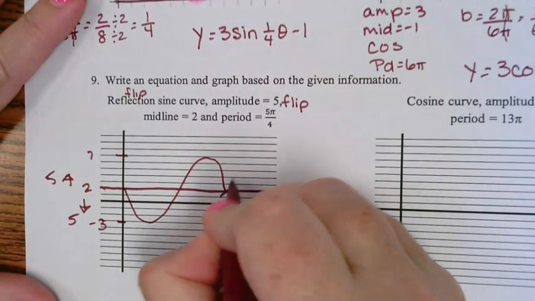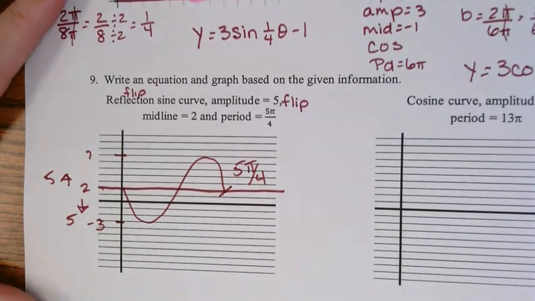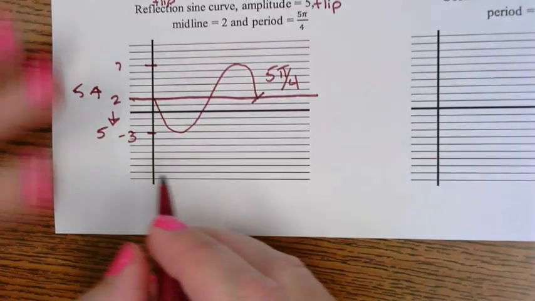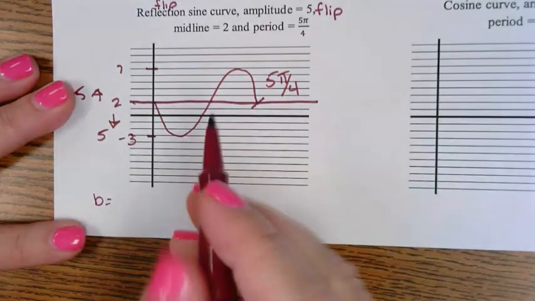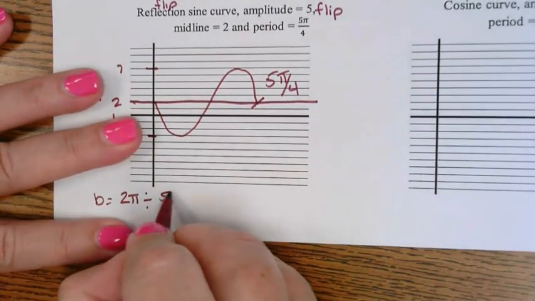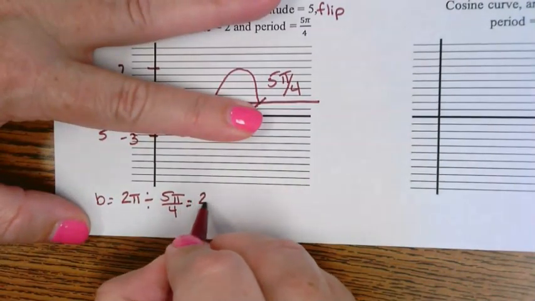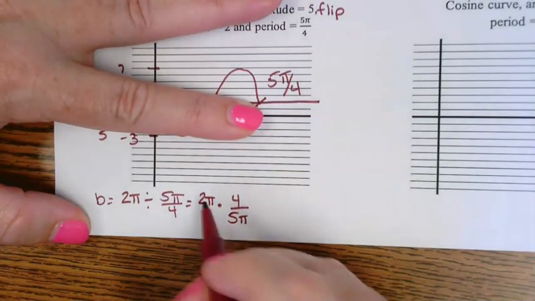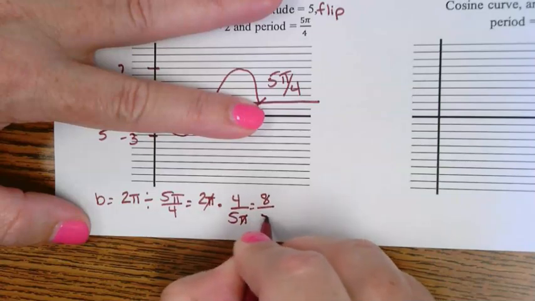They told us our period is right here at 5 pi over 4. So here we go. We just need to find our b value. Because the period is a fraction, I'm going to go old school. Keep, change, flip. These two cancel, so we get 8 over 5.